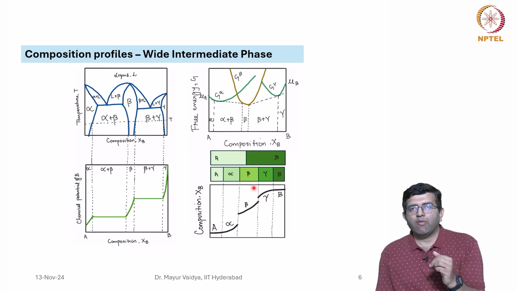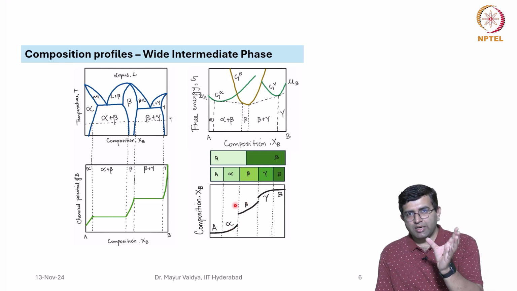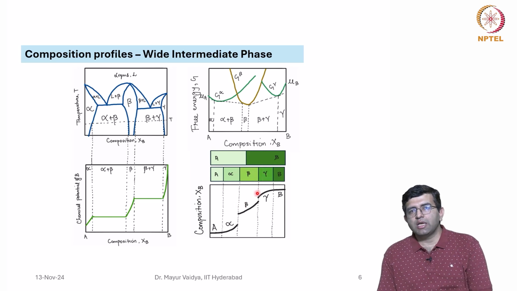And if you have alpha and gamma also, the composition variations look like what is shown here. Again, it is not necessary that all the phases will grow, but if your interdiffusion zone is like this, then the composition profile looks like this.